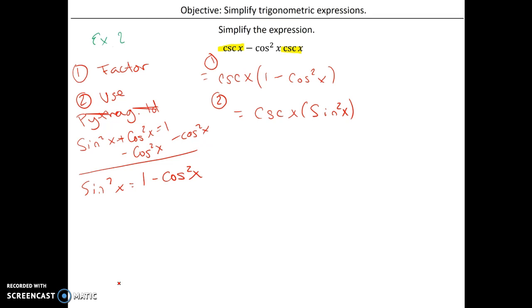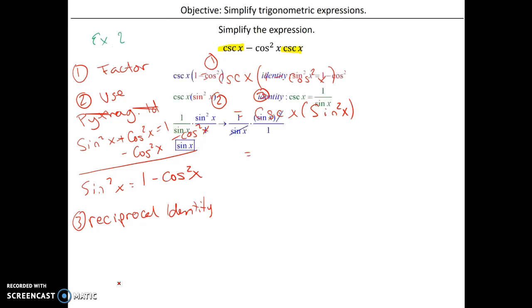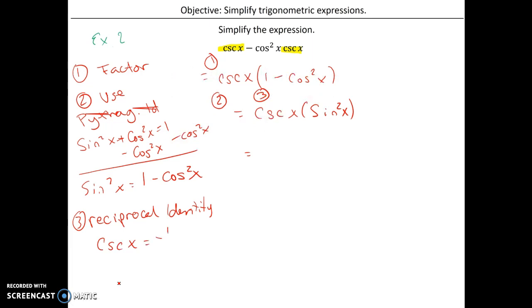Okay, so what I'm going to do here is I will also utilize a reciprocal identity, and I'm going to utilize that the identity cosecant of x is equal to 1 over sine of x. Okay, so I'm just going to go ahead and substitute here.